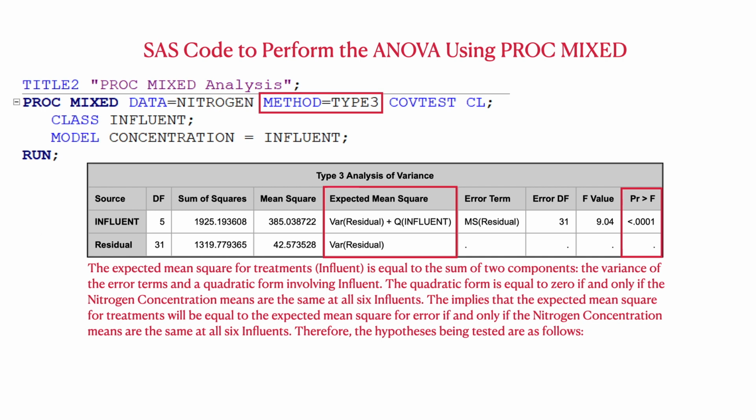This implies that the expected mean square for treatments will be equal to the expected mean square for error if and only if the nitrogen concentration means are the same at all 6 influents. Therefore, the hypotheses being tested are as follows. The null hypothesis is that mu1, mu2, mu3, and so forth up to mu sub 6 are all equal, against the alternative that at least one of the means is different than the rest.